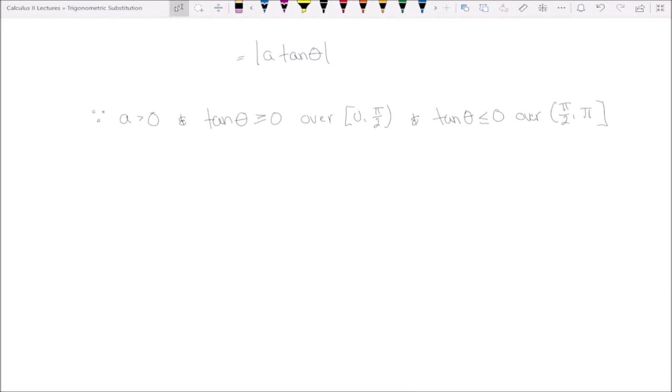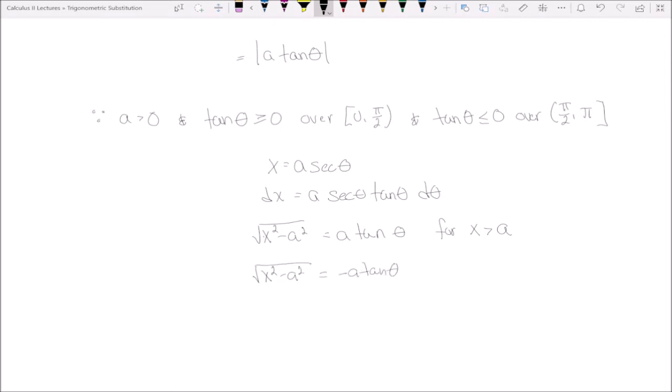So we can make the following substitution. x is a times secant of theta. dx would be a times secant theta tangent theta d theta. And now we have two possibilities for the square root of x squared minus a squared. That'll be a times tangent of theta for x larger than a, or it could possibly be negative a tangent of theta for x less than negative a.